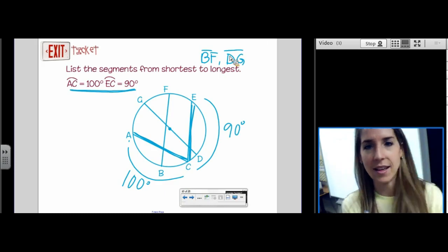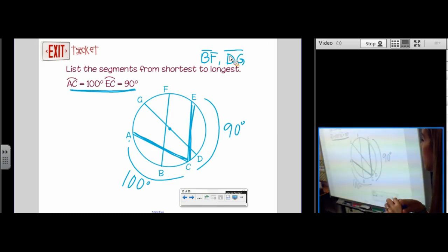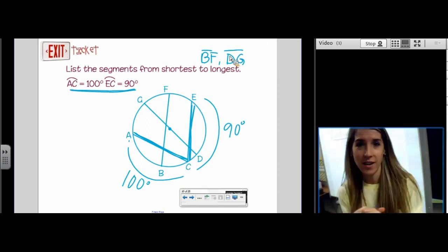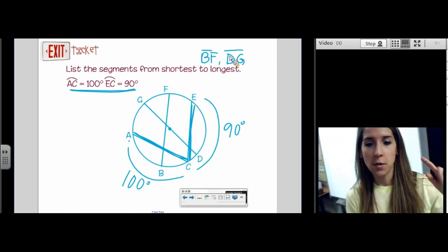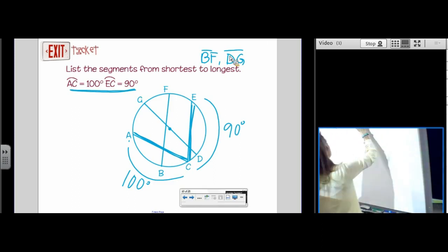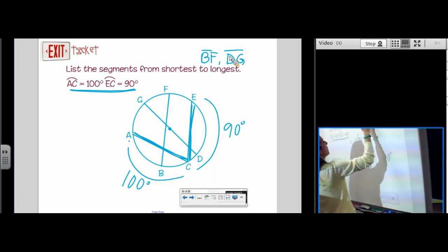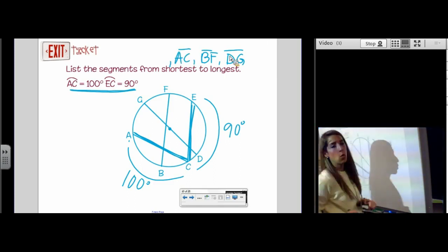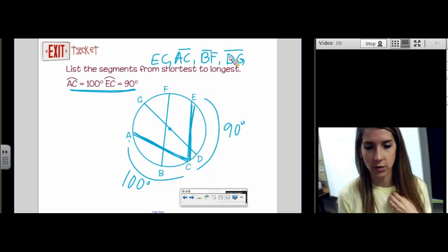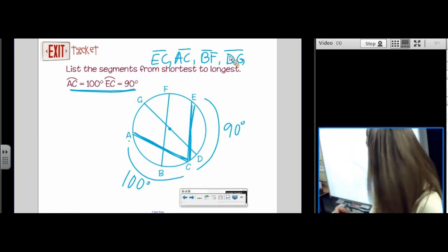It's related at least, if not proportional. So anyways, the longer chord is going to have the larger measure of its arc. So AC would be the longer one because its arc has a bigger measure. And then EC would have been the shortest chord in the picture based off of the information we were given. Okay? All right.